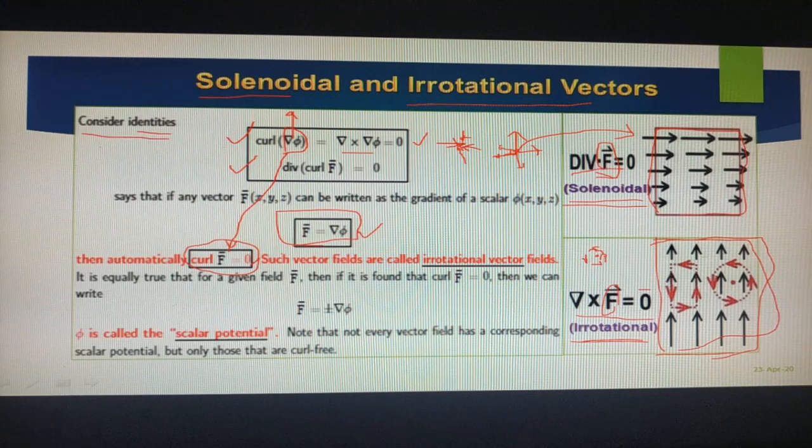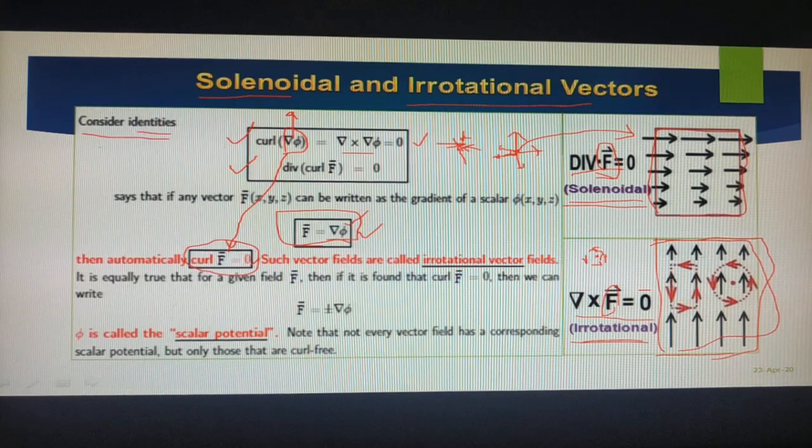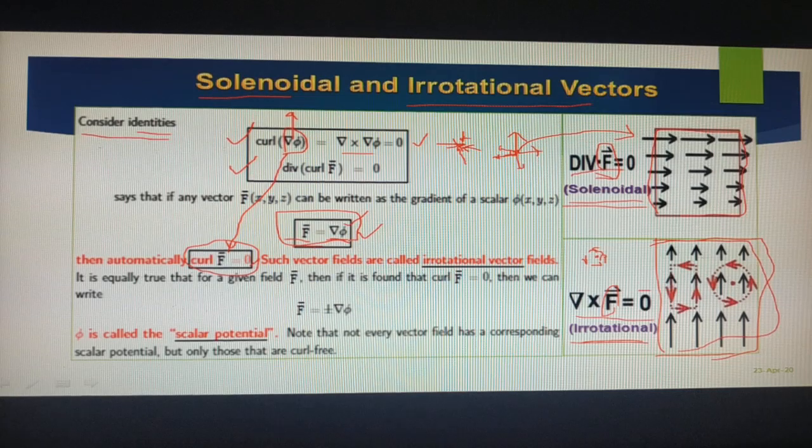That means if you consider any such vector field, then definitely curl F bar will become 0. Because of this del pi, what is pi? Pi is some scalar function.